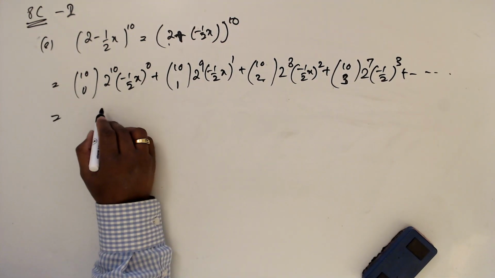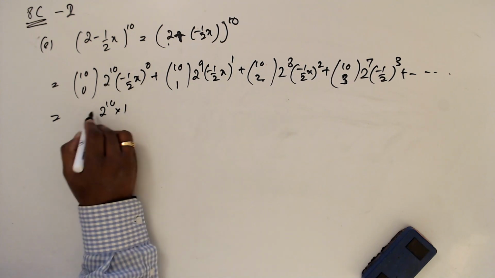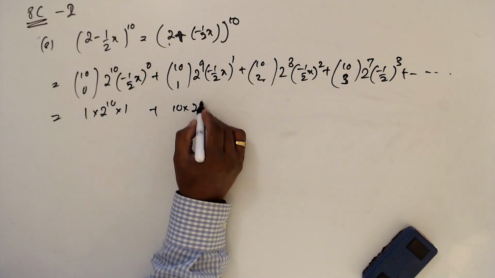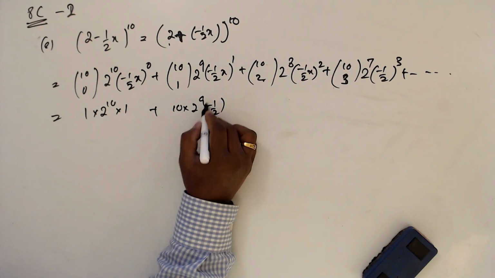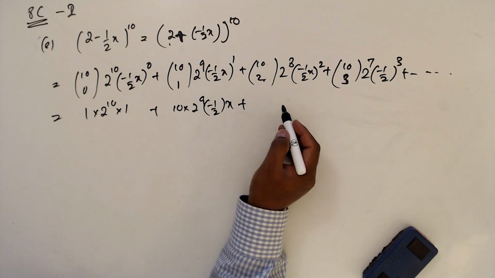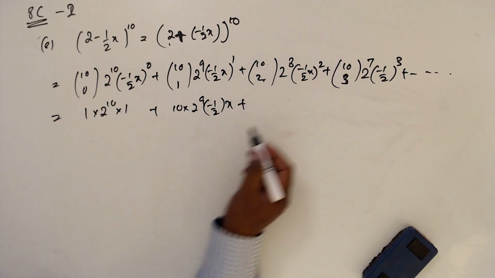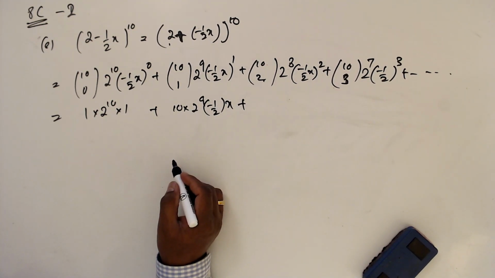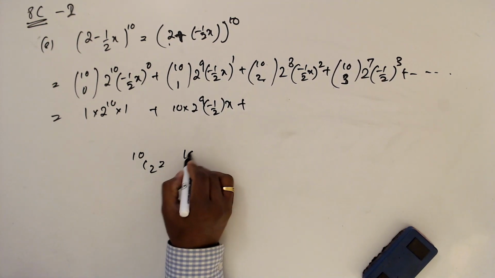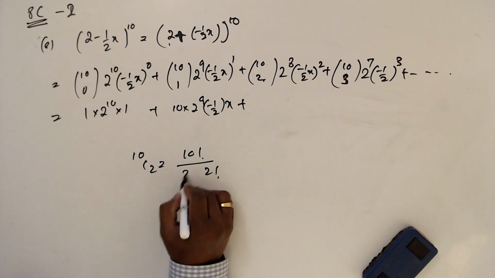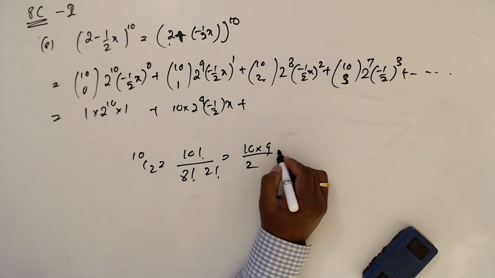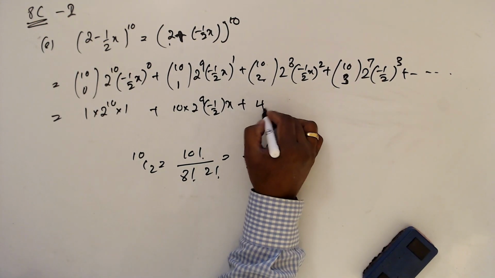This is going to be 2^10 times 1, this is also 1. This is 10 times 2^9 times minus half times x. And 10C2 is 45.